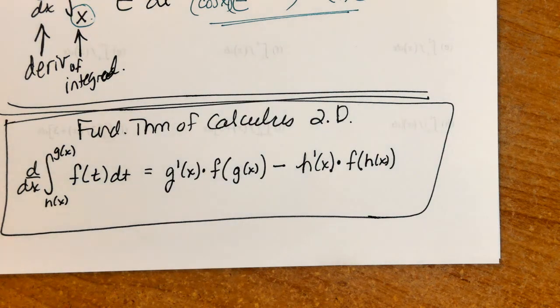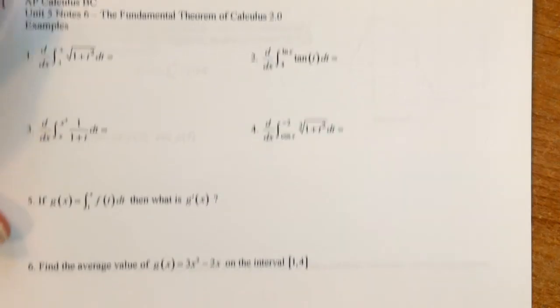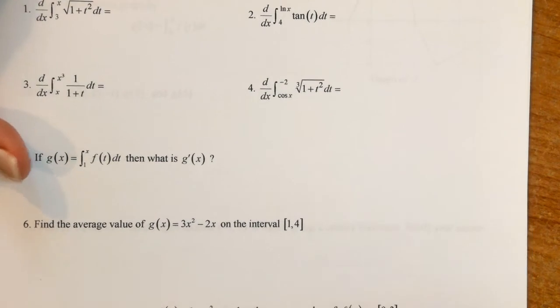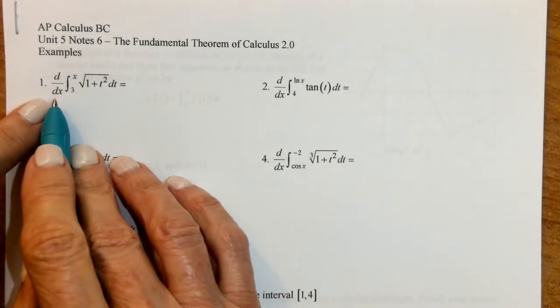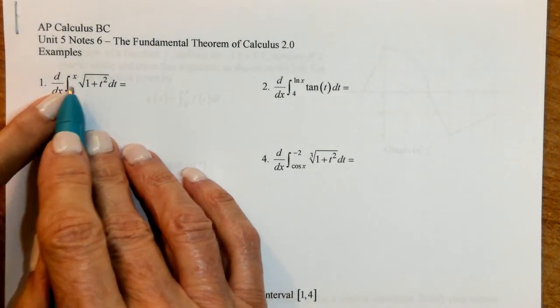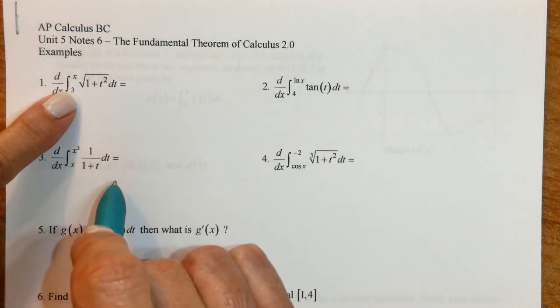Alrighty, let's do a couple of examples before we go and get this other formula. I'm going to go to your example sheet, and let's do the first 4 examples. So, the first thing I see here is I'm taking the derivative of an integral. I think that's that second fundamental theorem.